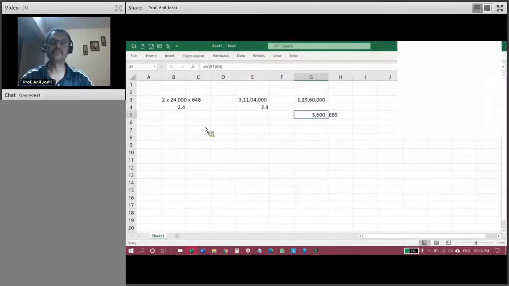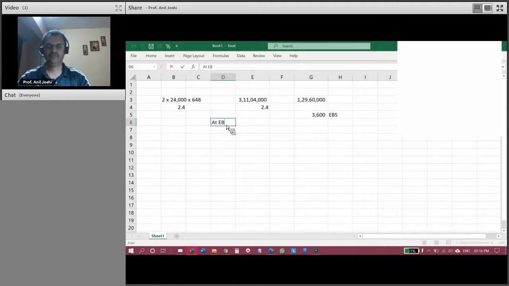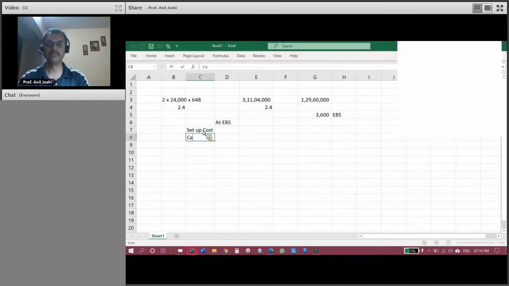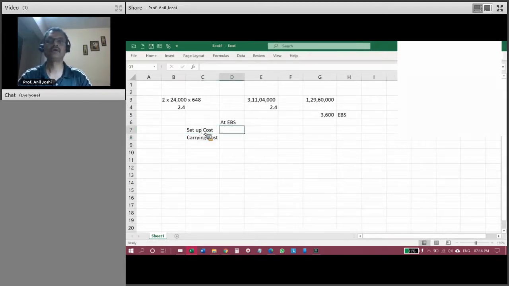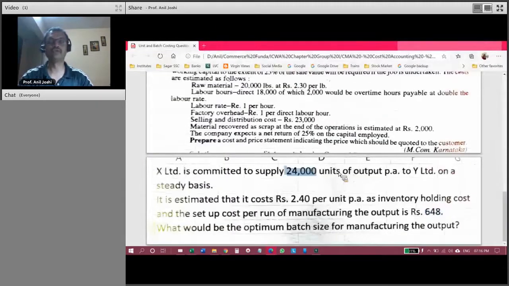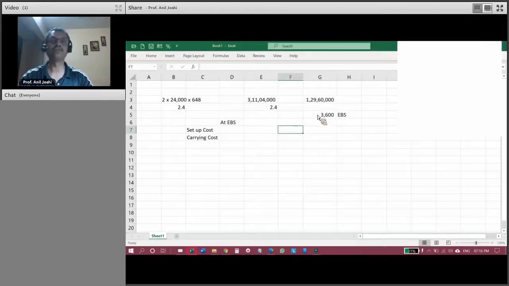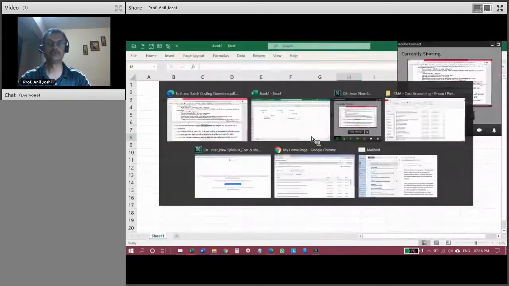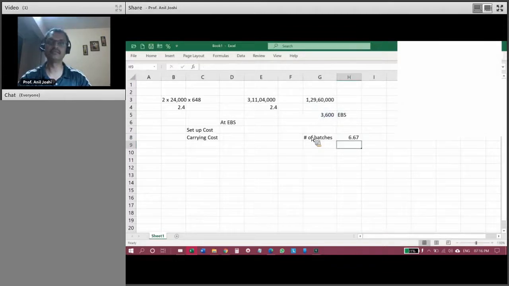Now, they haven't asked, but let us calculate the cost. So at this economic batch size, what will be my setup cost? And what will be my inventory carrying cost? Now, if your annual requirement is 24,000 units, and at a time you are manufacturing 3,600, how many batches will you have to undertake in a year? 24,000 divided by 3,600, correct?